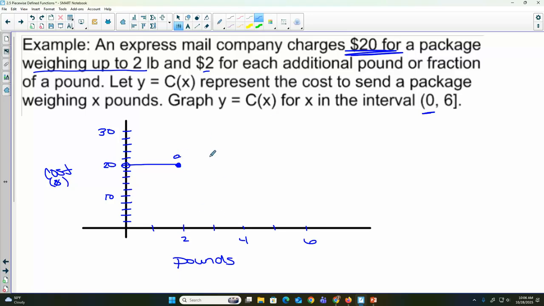So if it weighs 3 pounds exactly, I'm still just paying $22. But as soon as I go over 3 pounds, what am I going to pay? 24. So it starts with an open circle, so it goes up another 2. And that's for up to 4 pounds. And what happens if I go over 4 pounds? $26 for everything from 4 to 5 pounds.